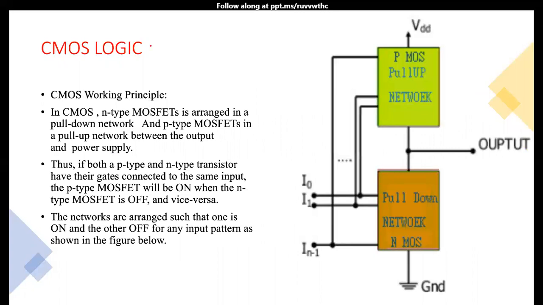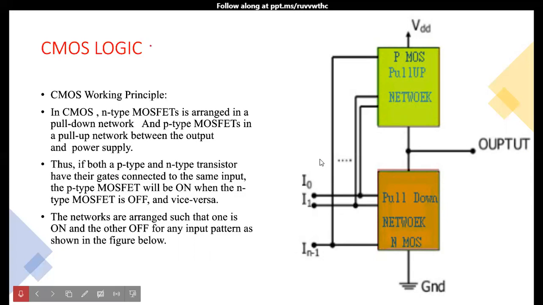So let us see the CMOS logic circuit. In this circuit, PMOS transistors are connected in the pull-up network and NMOS transistors are connected in the pull-down network between the supply and output. The PMOS and NMOS transistor gates are connected to common points, and those common points are given to the inputs.